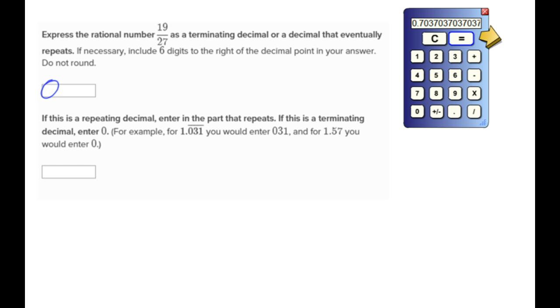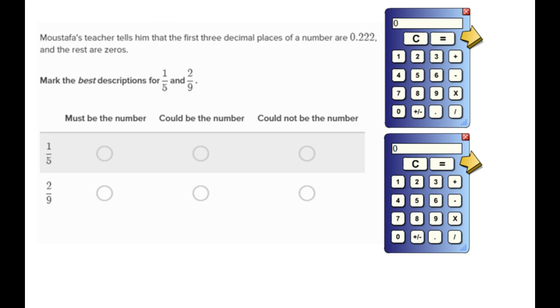So this would be 0.703703. We want 6 digits, which we have to the right of the decimal, and it is a repeating decimal of 703. Again, if it terminated, if it stopped, then you would use 0 as your second answer.